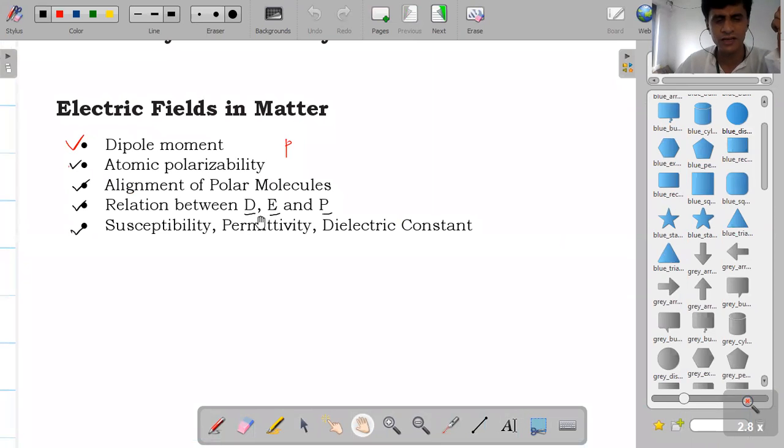Then the relation between the electric displacement vector, field, polarization, and susceptibility, that is electric susceptibility, permittivity, and dielectric constant. I have completed all of this today. I will share this PDF as well as the video.